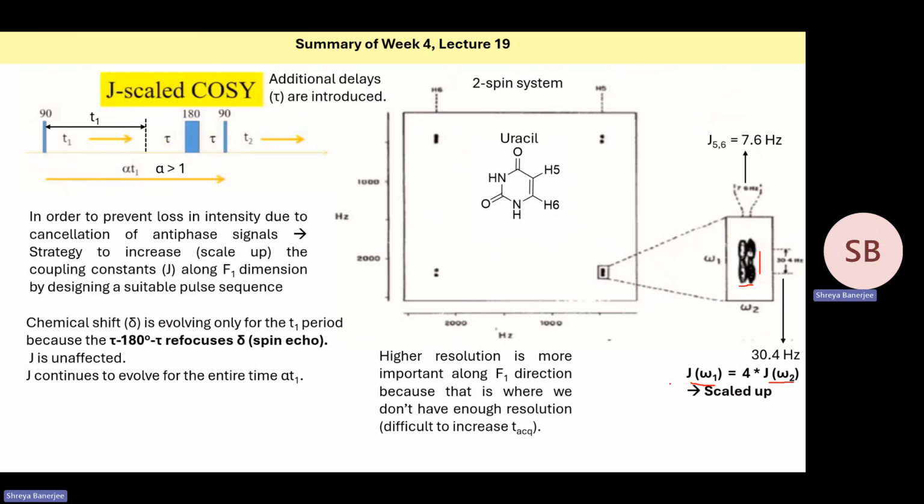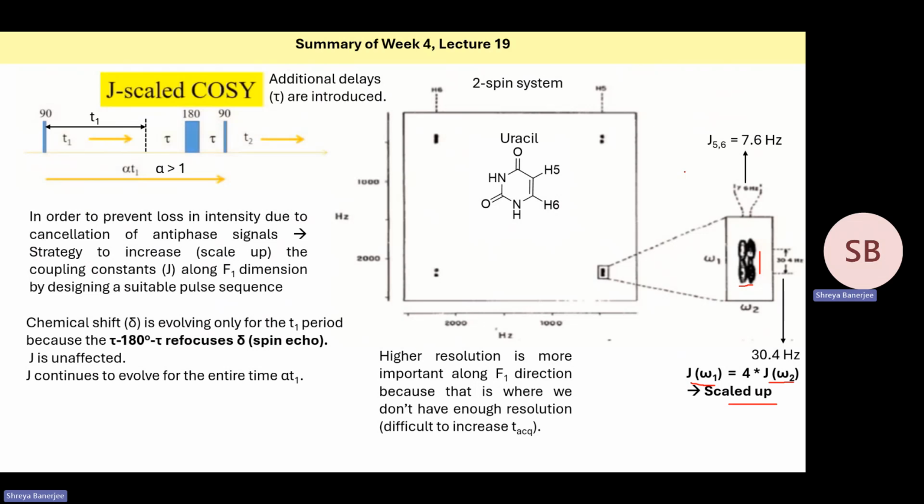So we are scaling up the J value along omega 1. That is, we are increasing the resolution along the omega 1 or F1 axis. This is the result of this kind of J-scaled COSY. And this higher resolution along omega 1 or F1 is important because, as we discussed, that is the limiting step.